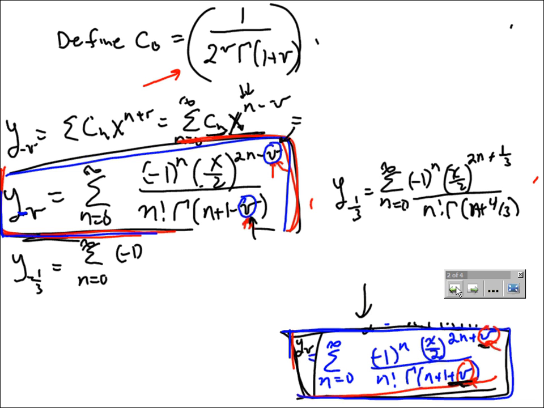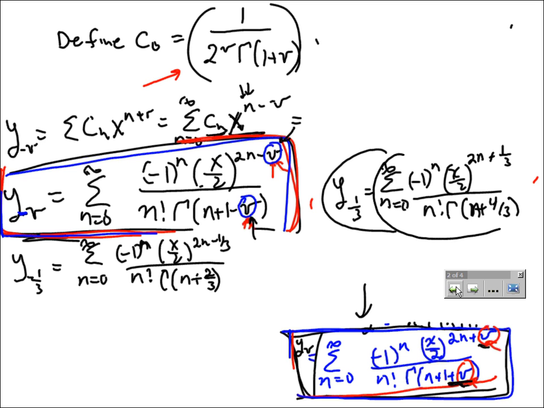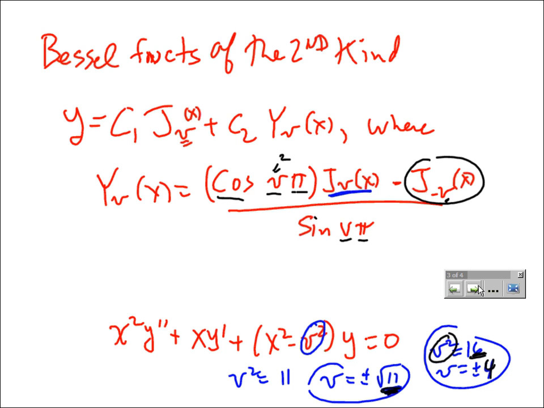So it's (-1) to the n times (x over 2) to the 2n minus a third, over n factorial times gamma of n plus 1 minus a third, which is 2/3. So we take this here, and all we do is we put it right there.